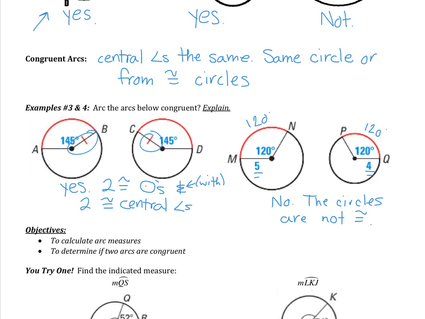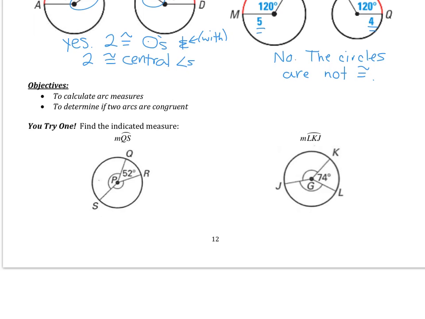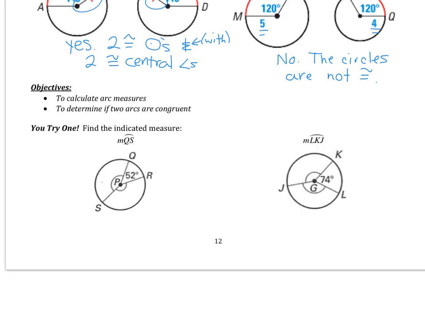All right, so the last part here, I want you guys to try these. I'll do the first one with you actually because it's a little bit different than the other problems. We want to find the measure of arc QS. So that would be this arc right here. Now we don't have its central angle, but we could find it because this central angle and this central angle are congruent.